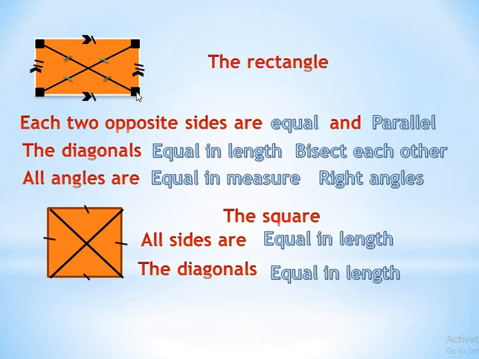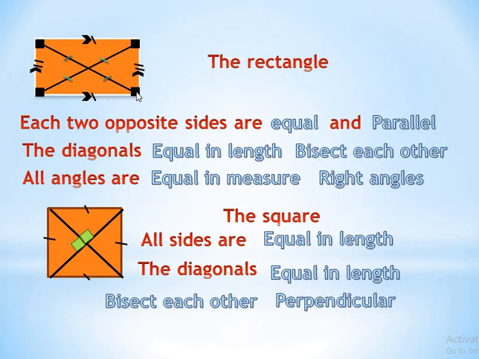If all angles are equal in measure, so the diagonals will be equal in length. What about the diagonals? Equal in length, and we said that we have a common property. Yes, bisect each other. And I have another property.